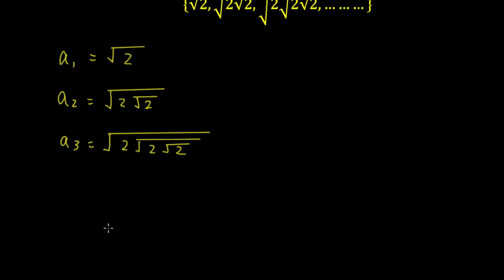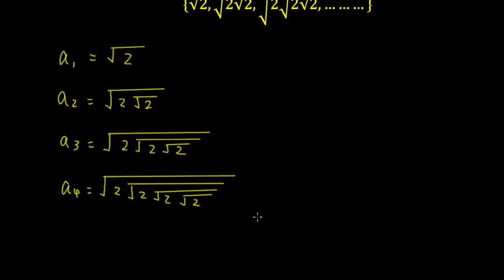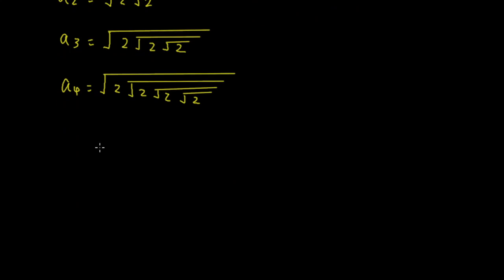Okay, so what would a sub 4 be? It would be square root of 2 times square root of 2 times square root of 2 times square root of 2. What would a sub 5 be?